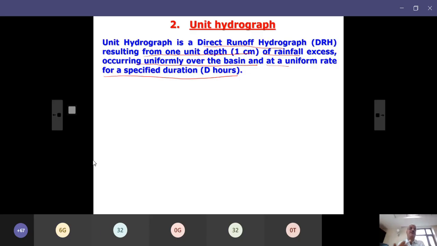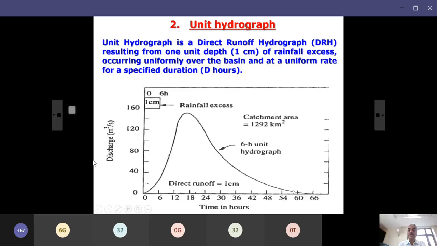So it is 1 centimeter, d hours rainfall. For that, whatever is my hydrograph, so let us say this 1 centimeter rain lasted for 6 hours, 0 to 6 hours, and if this is my DRH for this, this will be called 6 hours unit hydrograph.